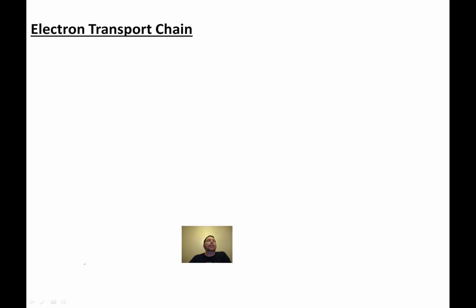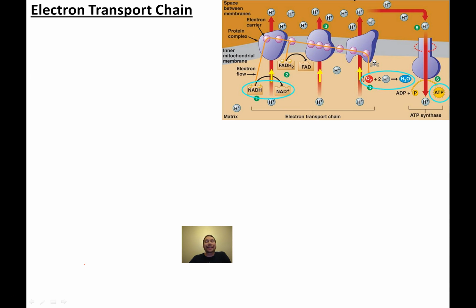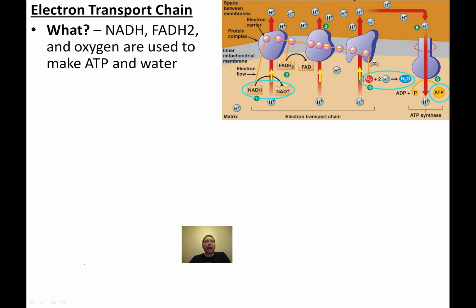So the third and final step of cellular respiration is the electron transport chain. Now what's going to happen during the electron transport chain is the NADH and the FADH2 that we made during both glycolysis and the Krebs cycle are going to provide energy.